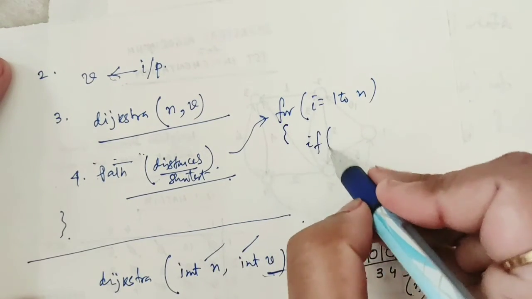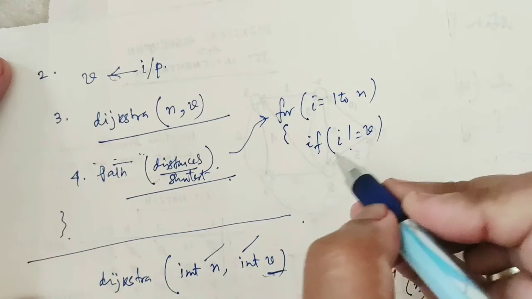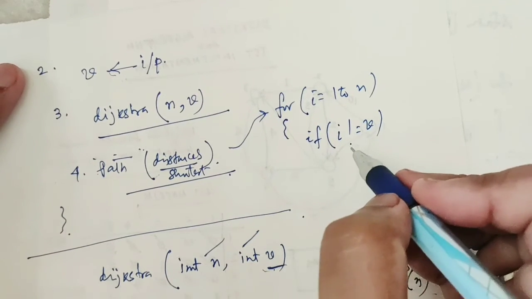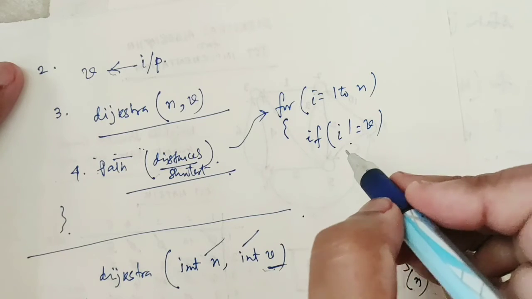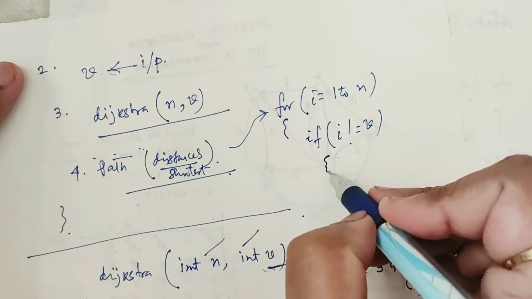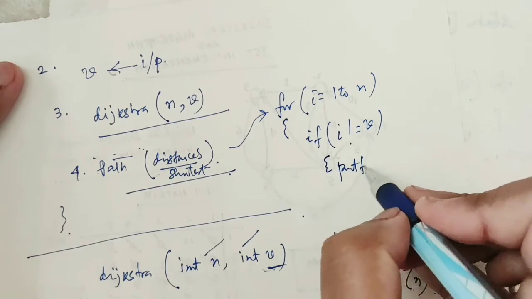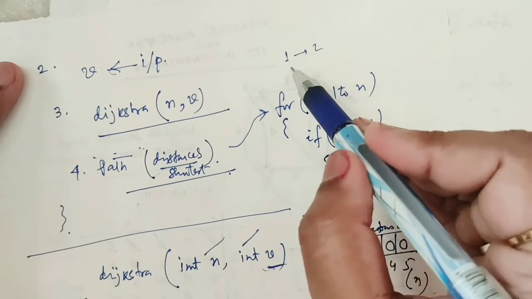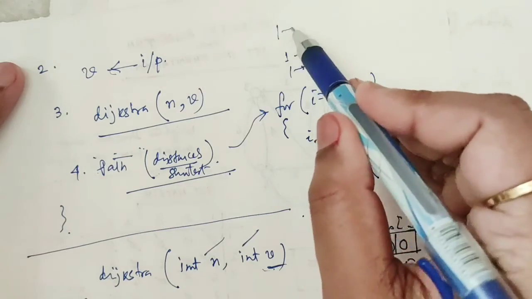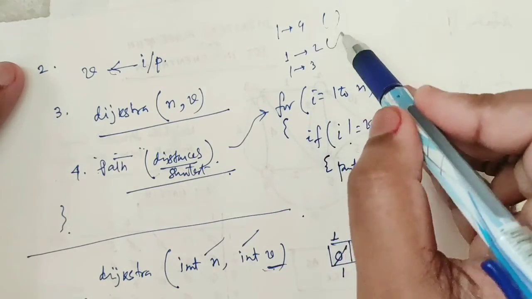If i is not equal to v, so vertex i should not be the source vertex, then you can write a simple printf. You want to display like 1 to 2, 1 to 3, 1 to 4, along with the cost.